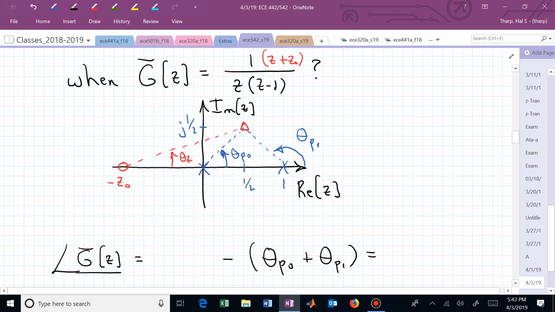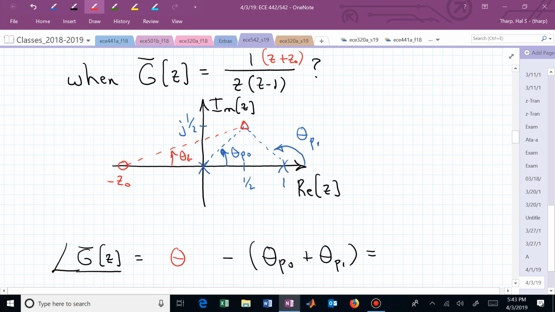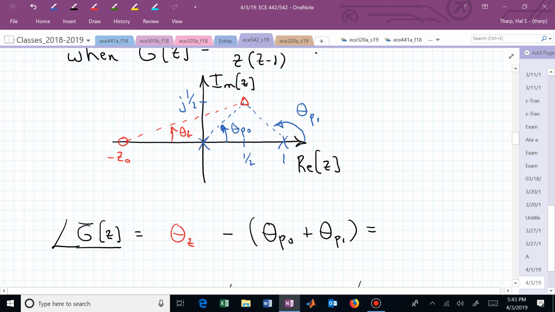Or in terms of looking at this, I would have a theta, see how I've already planned ahead? I have theta sub z minus the two pole angles, theta p0 plus theta p1. And whatever that theta z was would obviously influence the angle of g bar of z.